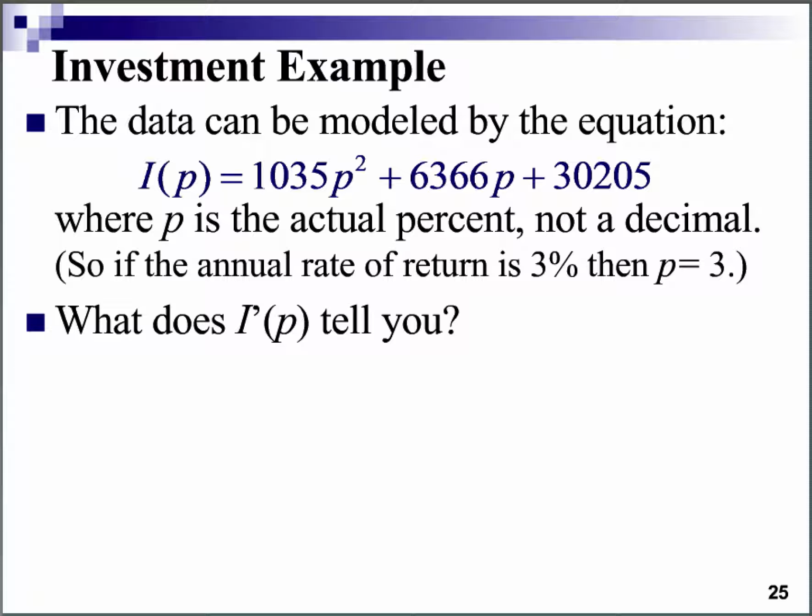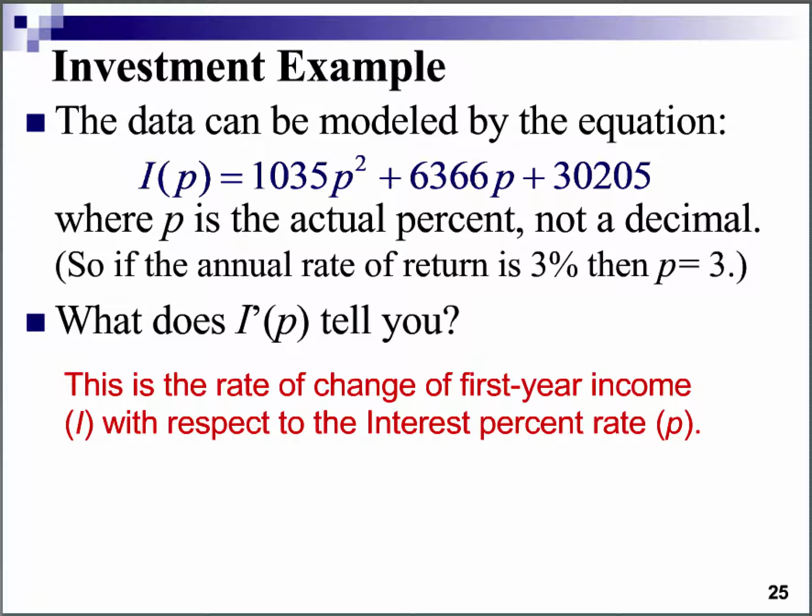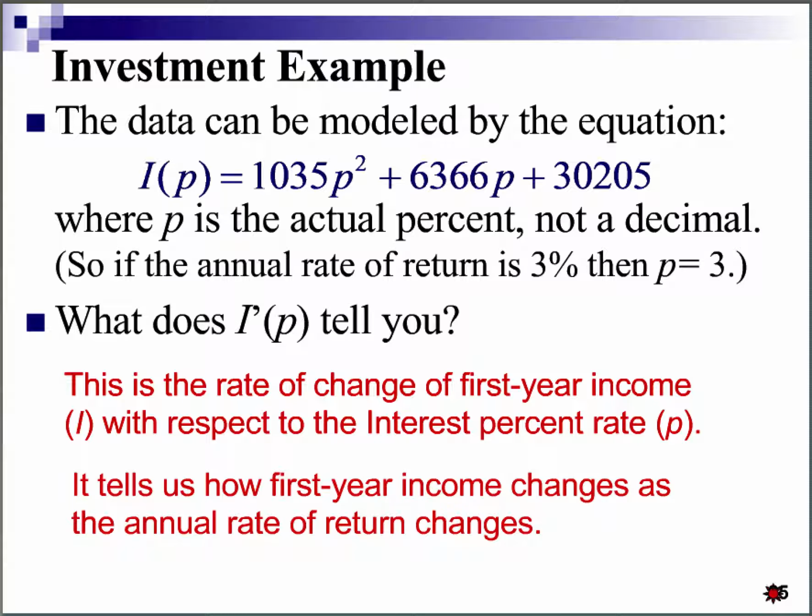Okay, so let's take a look at what I prime of P actually tells us. This is the rate of change of first year income, capital I, with respect to the interest rate, little p. In other words, it tells us how the first year income changes as the annual rate of return changes. A marginal interpretation would say something like this.